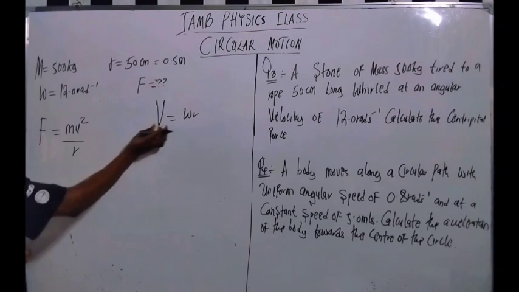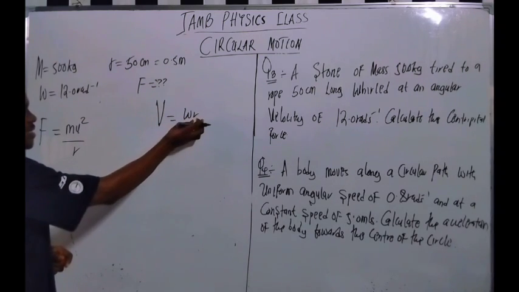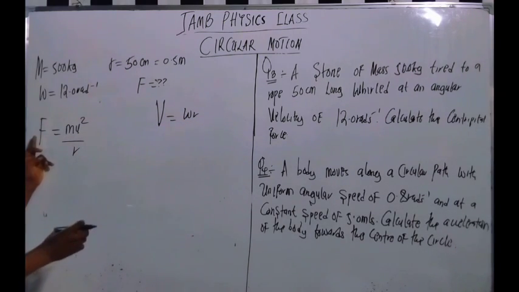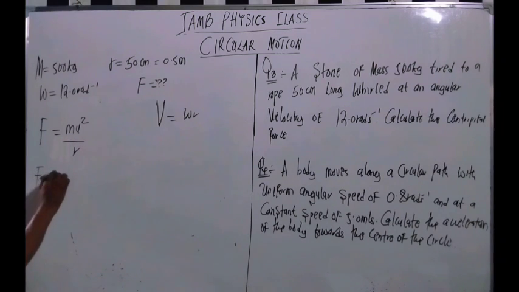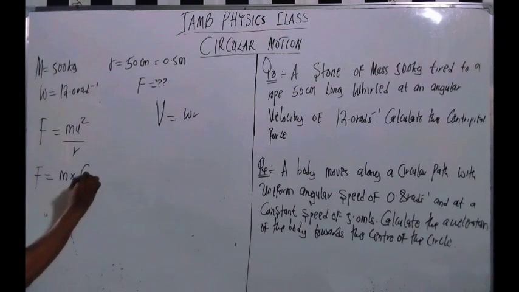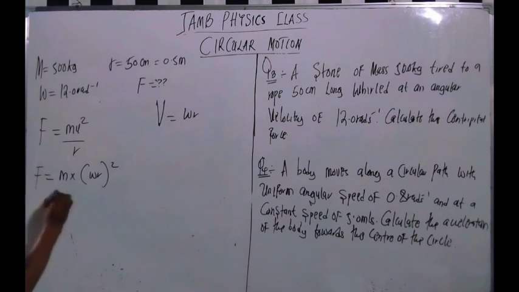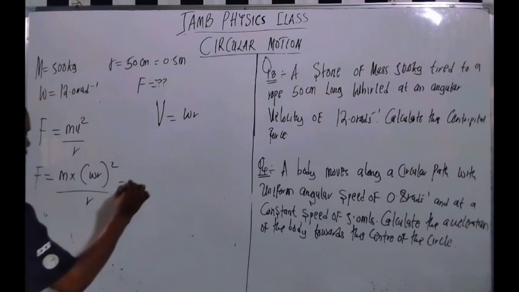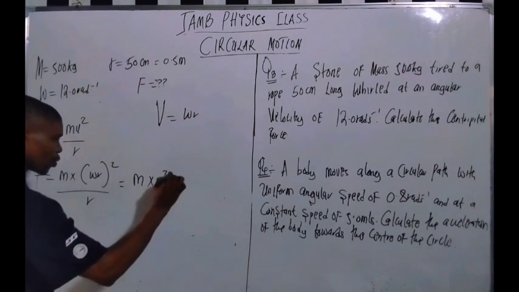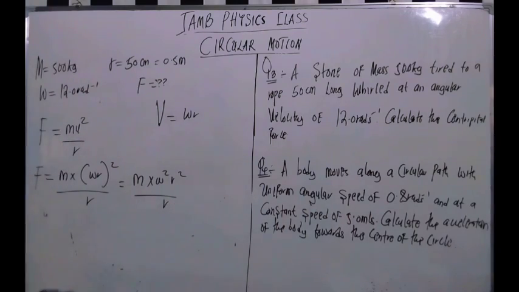So now if v equals the angular velocity times its radius, and F, the centripetal force, equals mv squared over r, what am I going to get here? I'm going to have F equals m times (w r) all squared over r, right? If you open the bracket, we'll have m times w squared r squared over r, right?